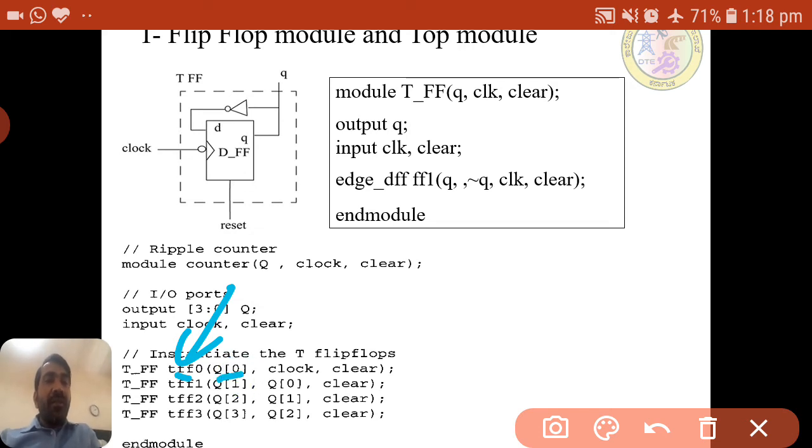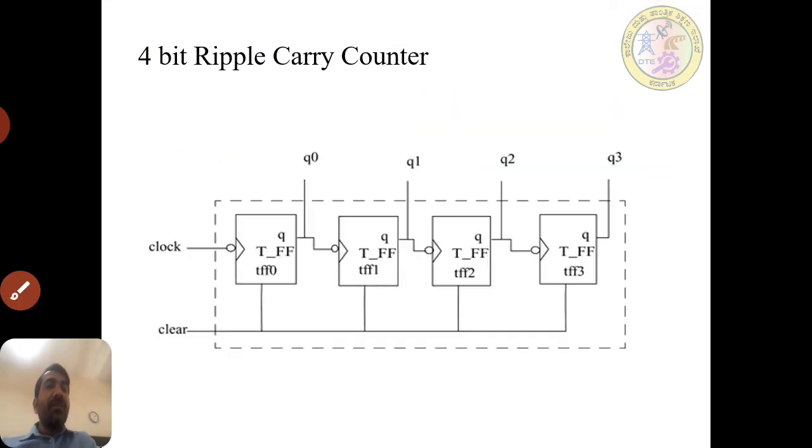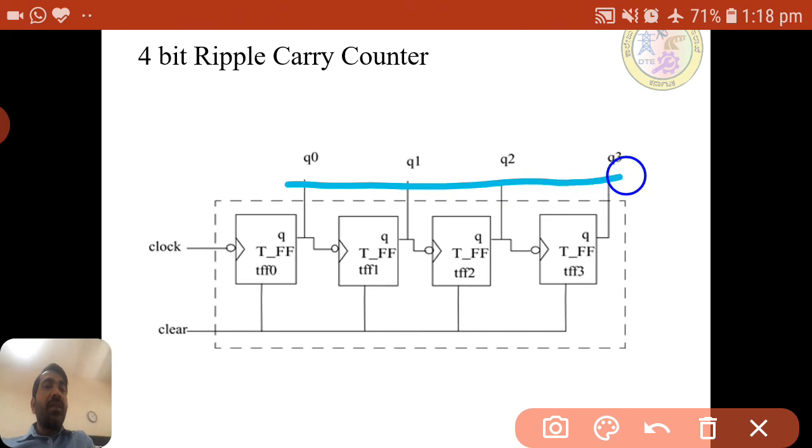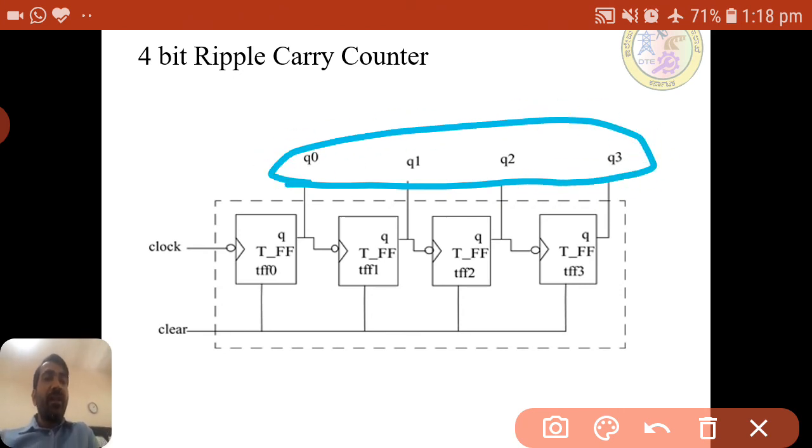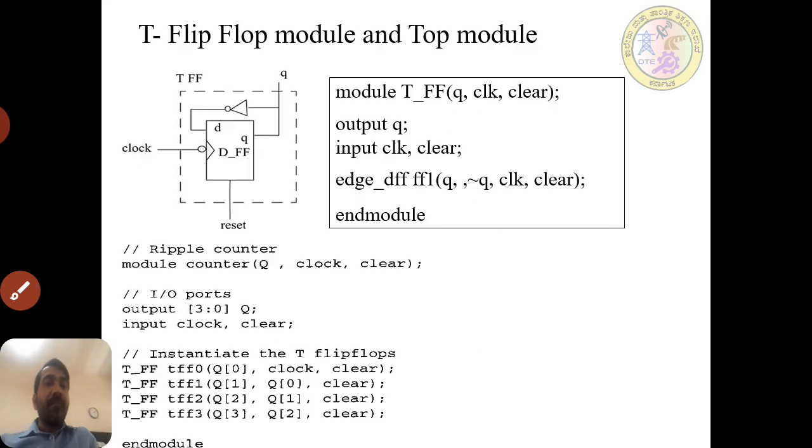Here we are declaring the top module as module, and counter is the module name, the 4-bit ripple carry counter. Q is output, clock is input, clear is input. This Q is taken as capital Q of 0 instead of Q0; these 3 signals are there: Q0, clock and clear.